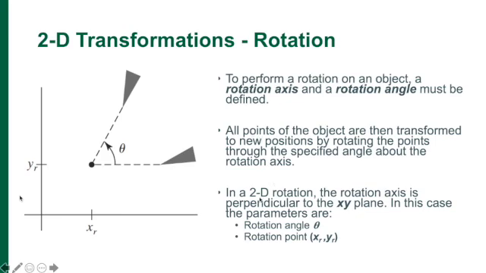In the case of a 2D rotation, the rotation axis is perpendicular to the xy plane. In this case, the parameters are theta, the rotation angle, and a rotation point xr, yr, instead of a rotation axis.